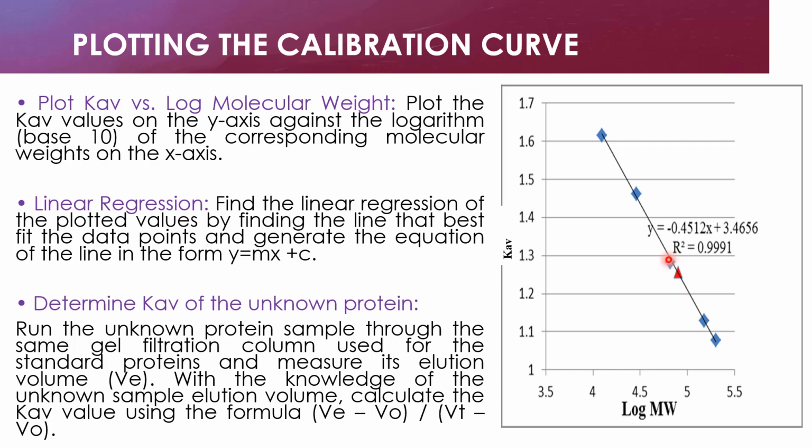After finding the line that best fits the data points, we generate the equation of the line in the form y equals mx plus c, and this can be done by using Excel.